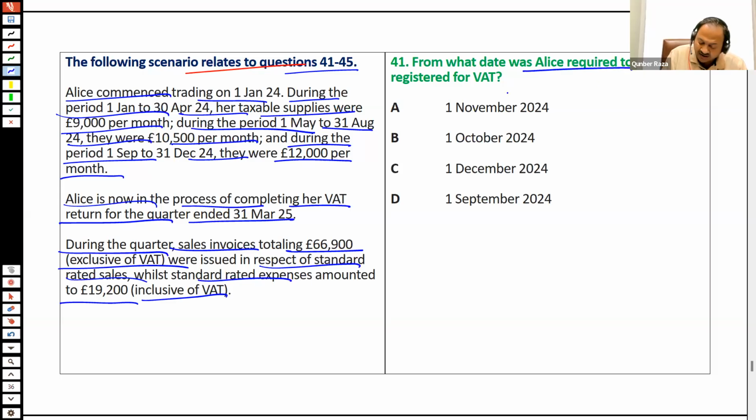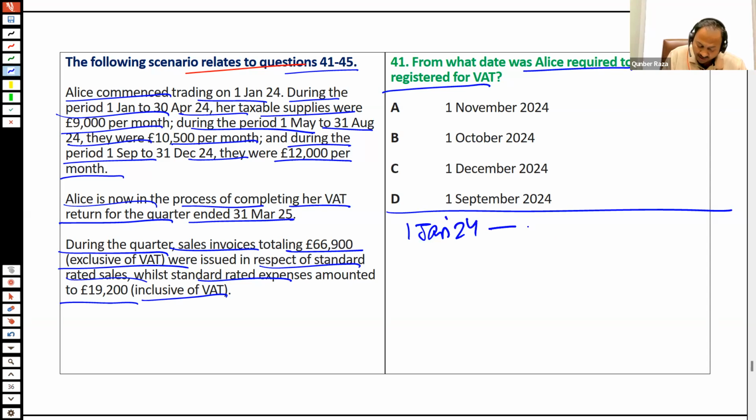From what date is Alice required to be registered for VAT? First of all, I need to check 12 months turnover. From 1st January 24 to 30th April 24, 9,000 per month.